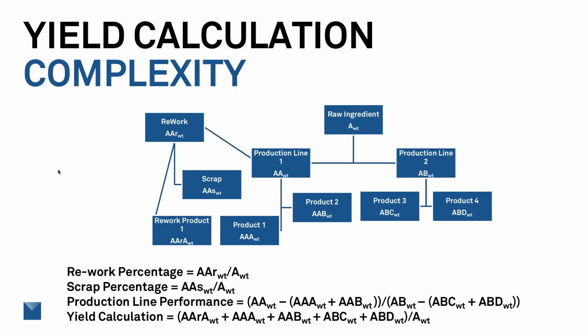Now the calculation for yield, and this again is true yield. In other words, accounting for all of the potential places where materials or ingredients could go, can actually be quite complex, and requires, at its core, the ability to link the identity of a product or a step in the production process to its origins.